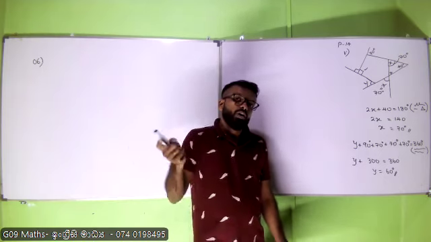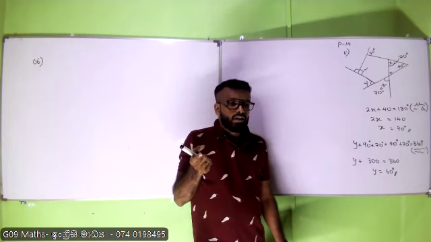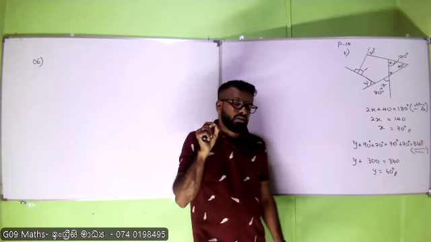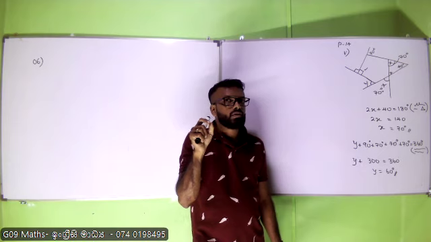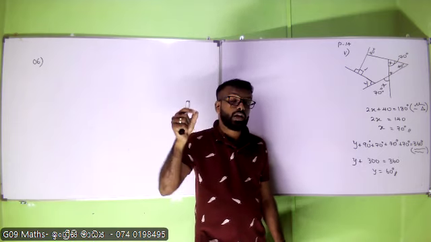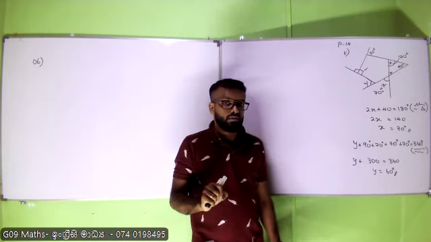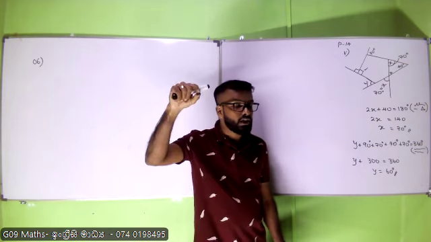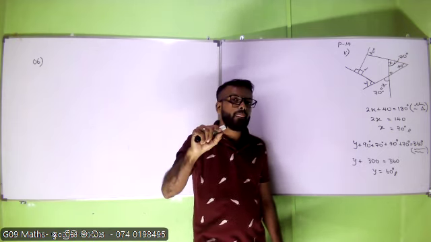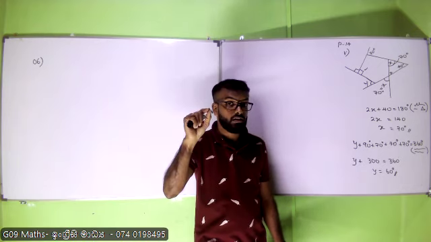So if you want to find the number of sides, you know that the exterior angle theorem can be used, because the number of exterior angles is equal to the number of sides as well.